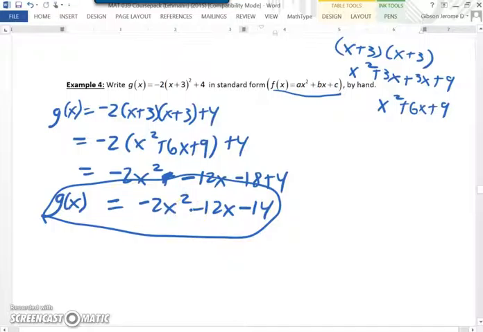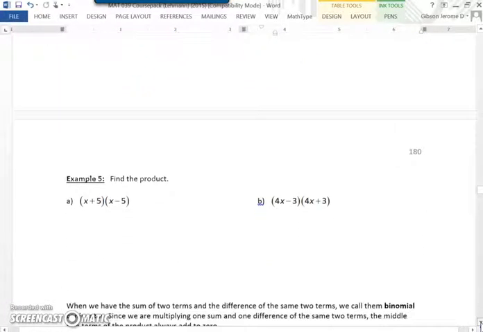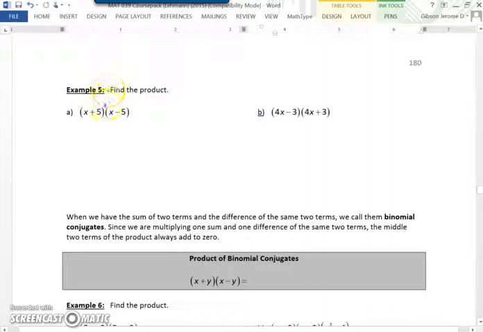Okay, now we have our next page here. Now basically with example 5, they say find the product. We've covered this before. This is the multiplication of the difference of two squares after it's been factored. And like I said, if you have a binomial times a binomial, one has addition, one has subtraction. You multiply the first two, and you multiply the last two, and you're done.